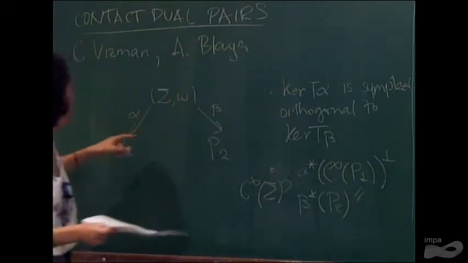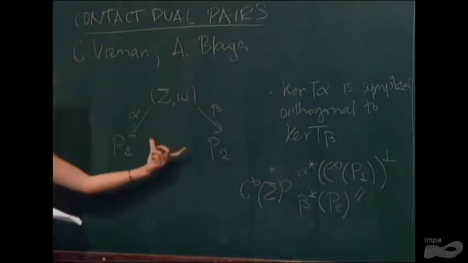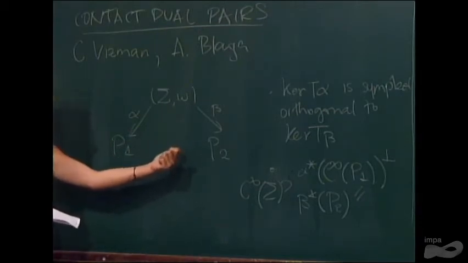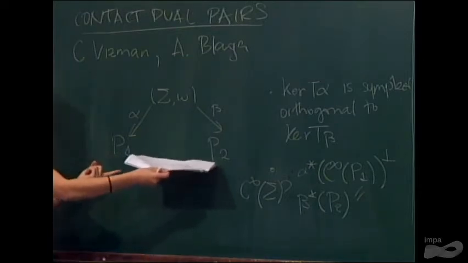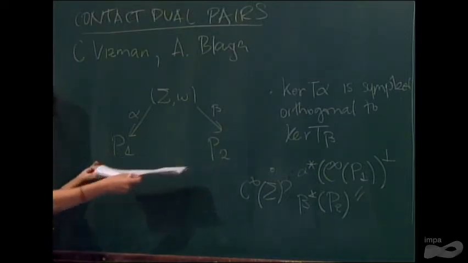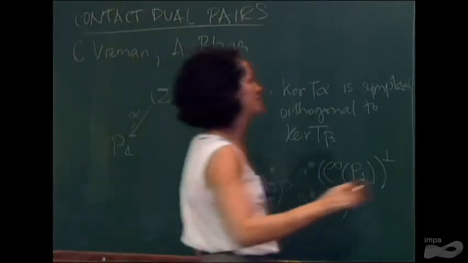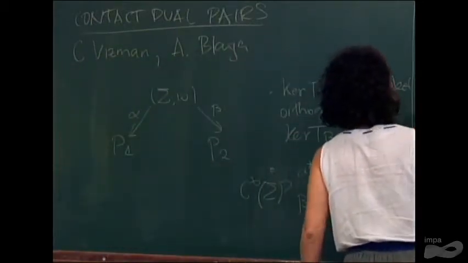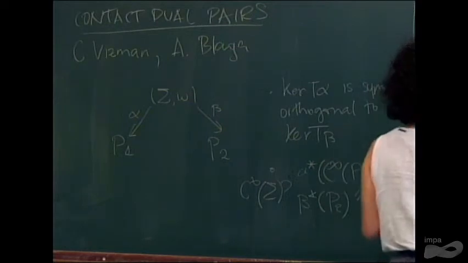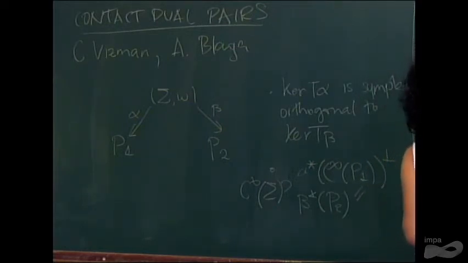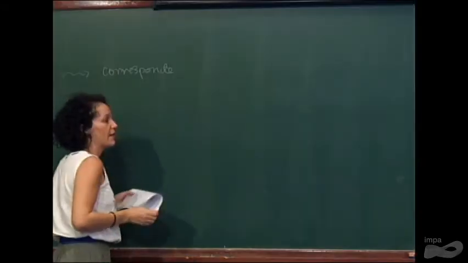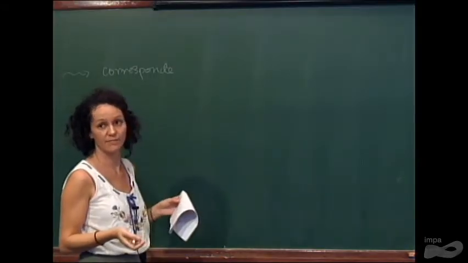If you think about these as a Morita equivalence between two Poisson manifolds, then of course you should get some results that relate the geometry of these Poisson manifolds. For example, if you assume some things, then you get a correspondence between the leaf spaces of both.